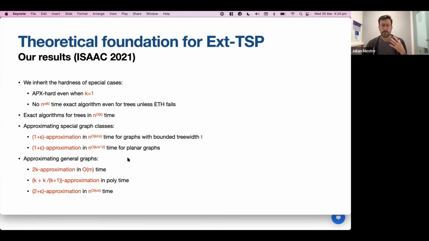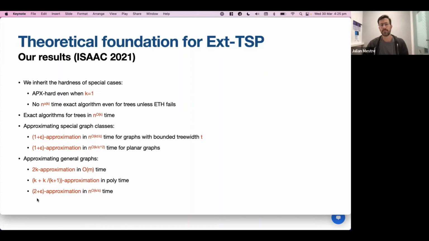And then for general graph classes, we have a fairly simple 2k approximation that runs in linear time, and then a roughly k plus 1 approximation that takes a little bit more work, but still runs in polynomial time.